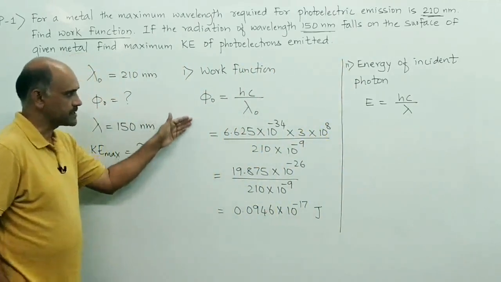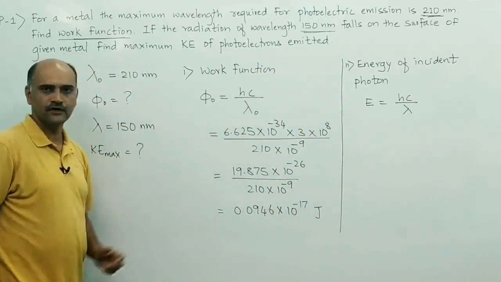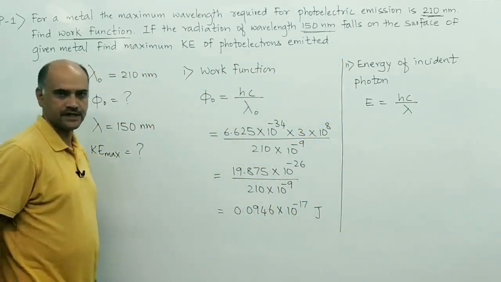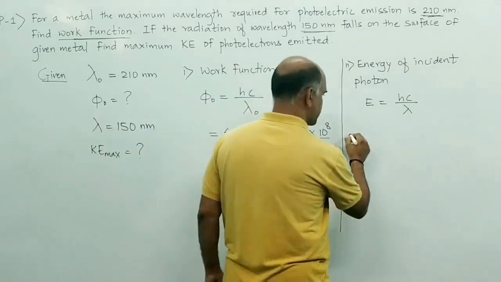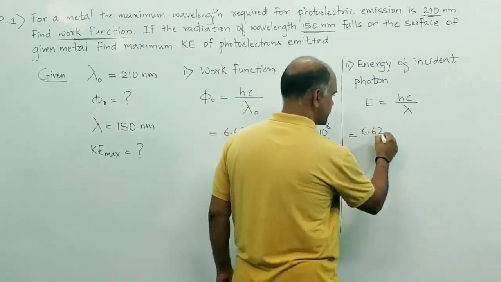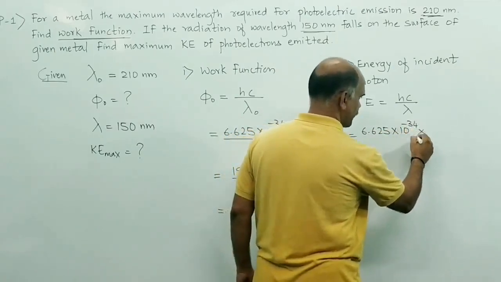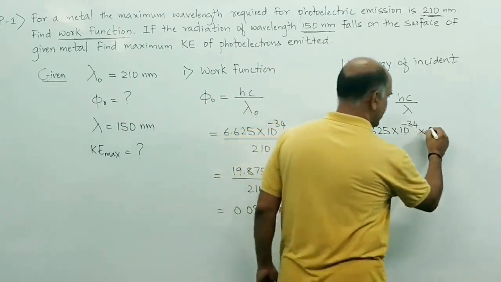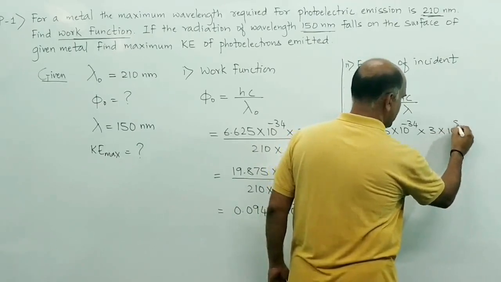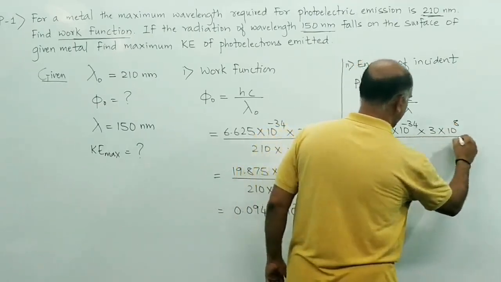Same steps you use, you will get the value of energy of incident photon. So if I substitute h again 6.625 into 10 raised to minus 34, speed of light 3 into 10 raised to 8 divided by lambda.